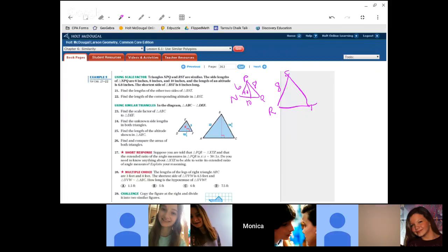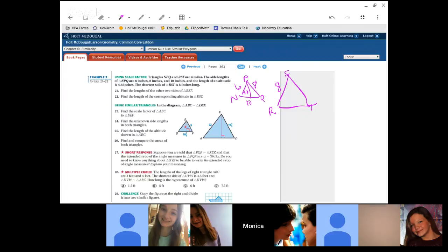Okay. We have two corresponding sides on similar triangles, 6 and 8, so we can make our scale factor now. What's the scale factor there? Yeah, 3/4.